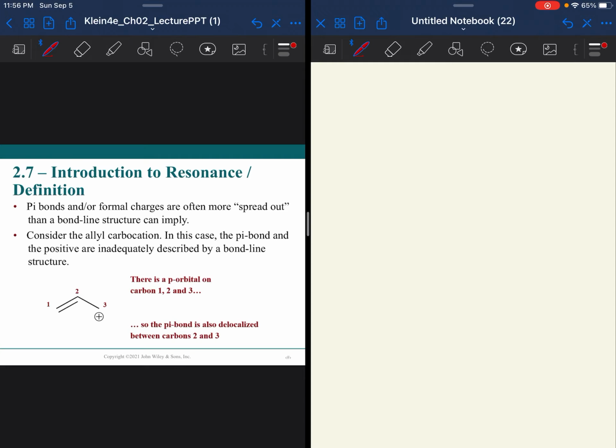And so one easy example for us to start with is this allyl carbocation. Now, there are some words there. Let's talk about that. We're looking at a 3-carbon chain. There is a double bond here between the first and second carbon.